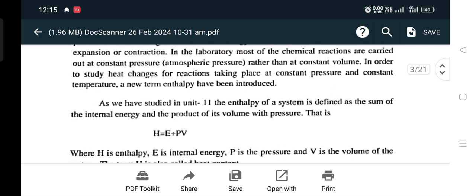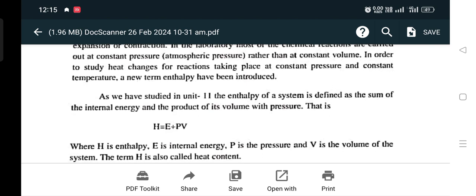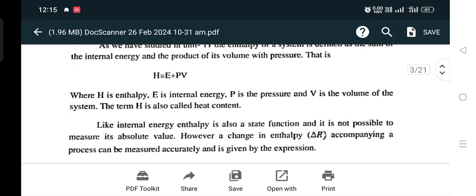enthalpy has been introduced. As we have studied in Unit 11, the enthalpy of a system is defined as the sum of the internal energy and the product of the pressure and the volume, that is, H is equal to E plus PV, where H is the enthalpy, E is the internal energy, P is the pressure and V is the volume of the system. The term H is called heat content.